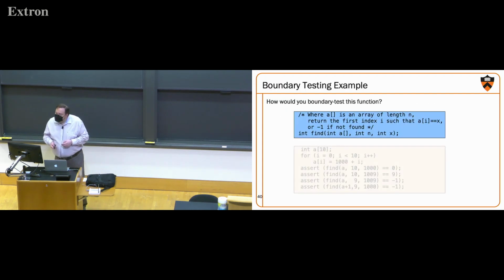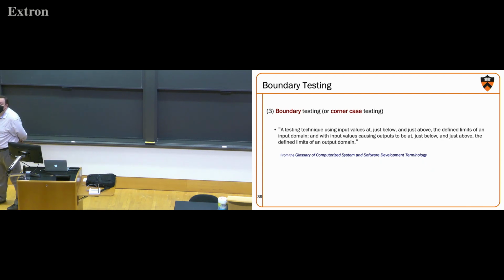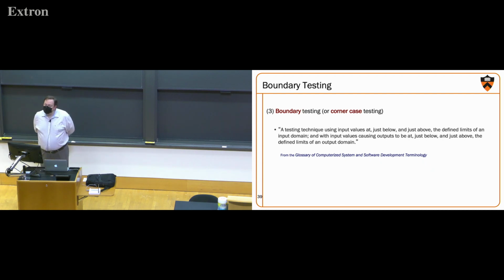Another way of designing tests is to think about boundaries or corner cases. So use values just below or just above the limits of an input domain, and values causing outputs to be at, just below, and just above the limits of an output domain.